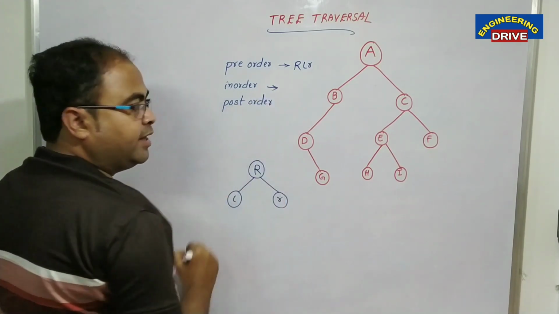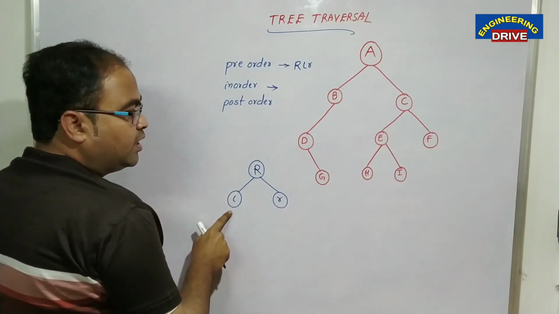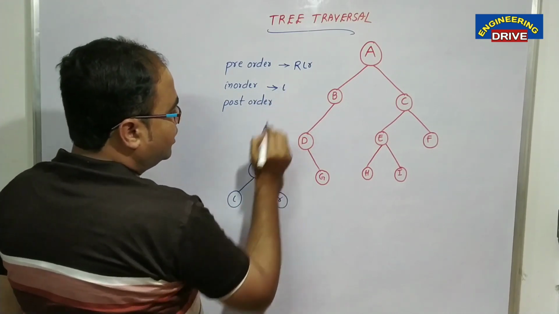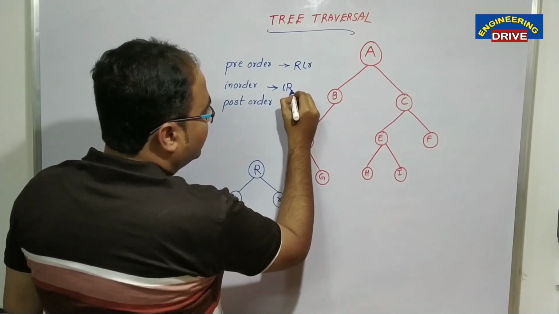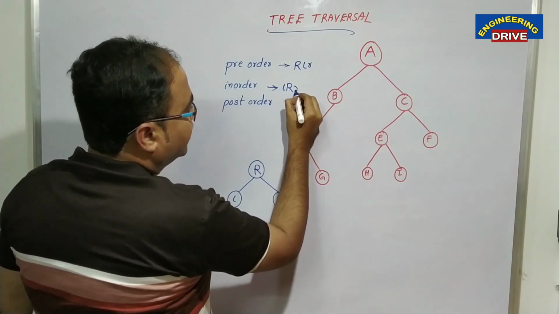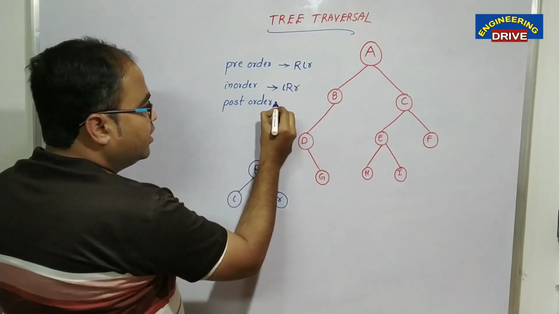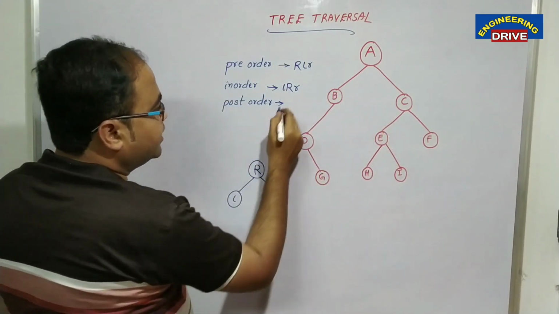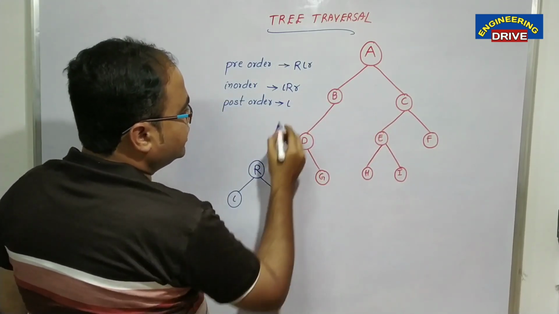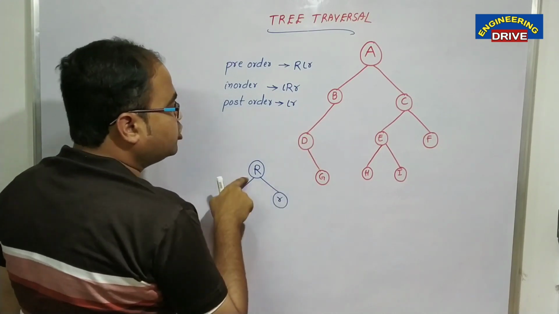In in-order, first you visit the left child node, then at the center you visit the root node, and last you visit the right child node. In post-order, post means after: first you visit the left child node, then the right child node, and last you visit the root node.